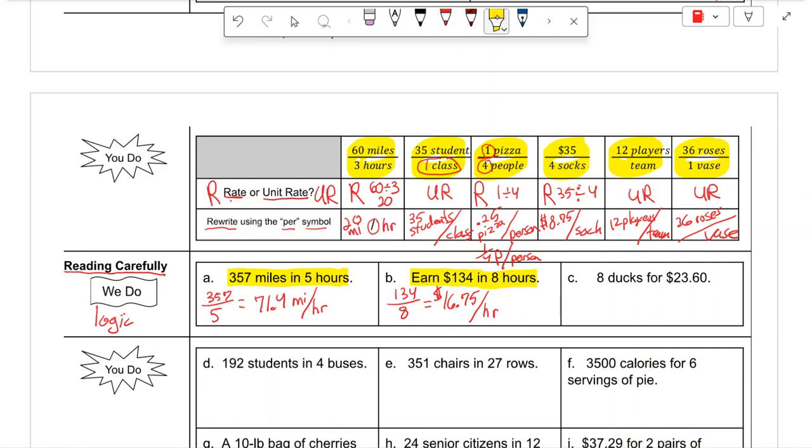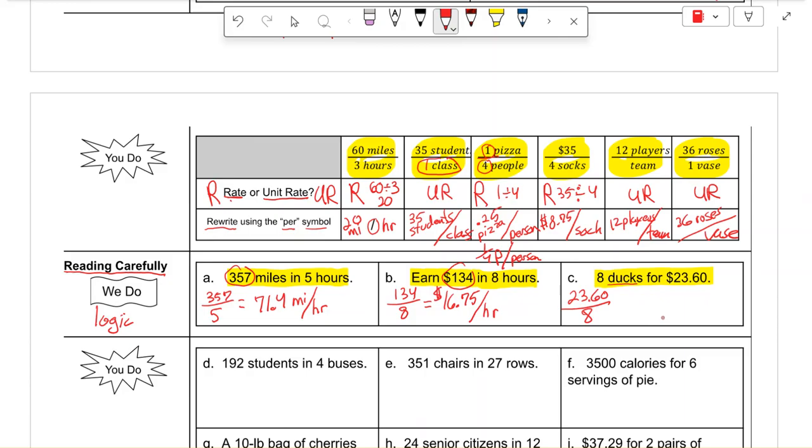And this last one, reading carefully, does make a lot of difference. Because these first two, the first number was on top, but look at this one. This is 8 ducks for $23.60. So we want to know what each duck costs. So we put the 23 up on top divided by the 8. So that's reading carefully.